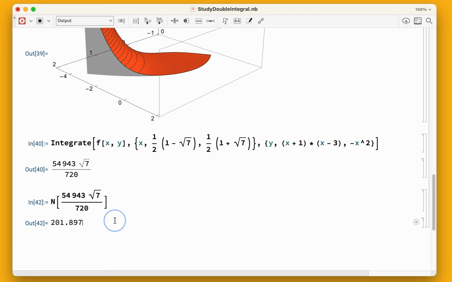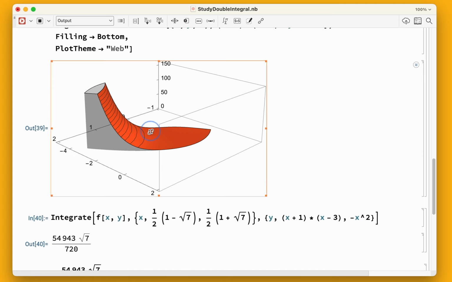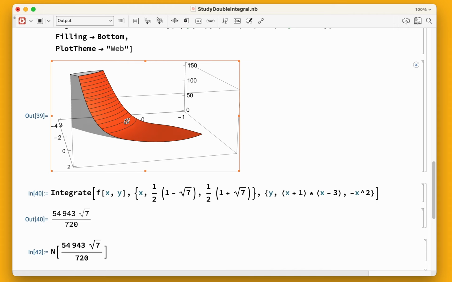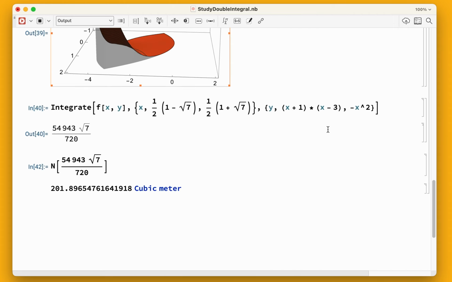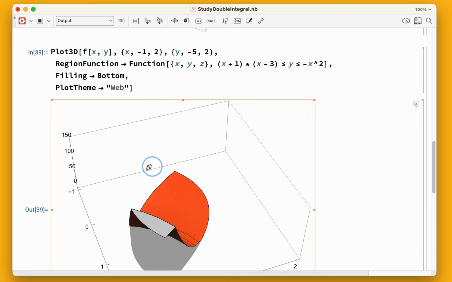Yeah, so this is in whatever square meter or cubic meter, so this is the total volume of the function that we have seen, this part of this hilly area. This will be like 201 cubic meter if we think of it in meter scale.